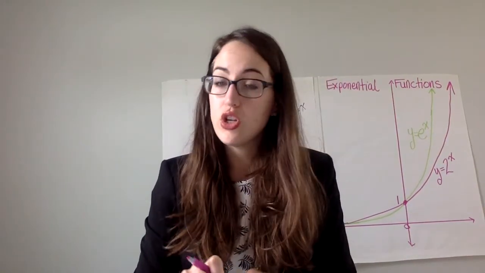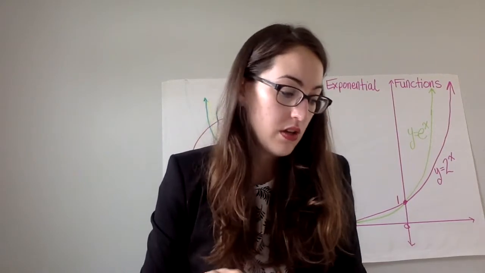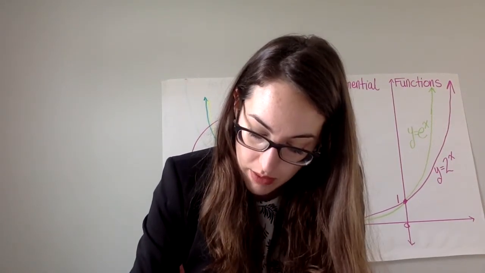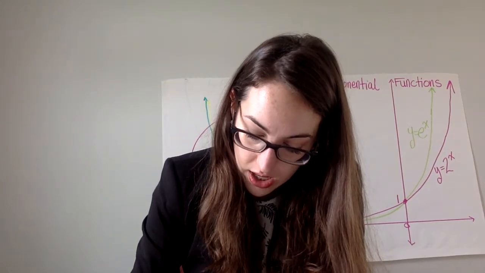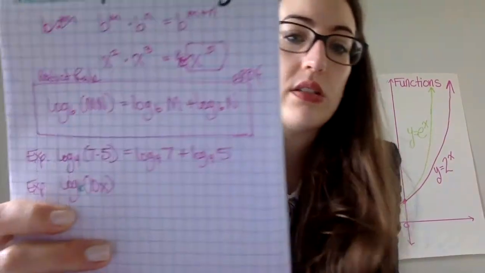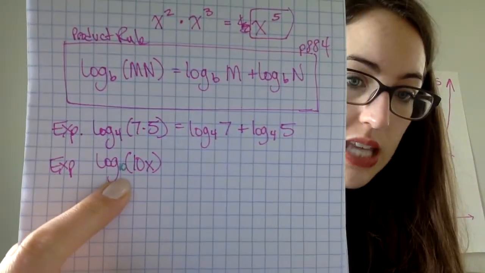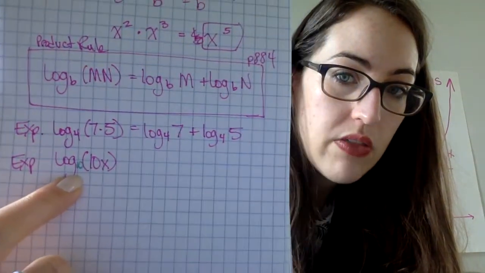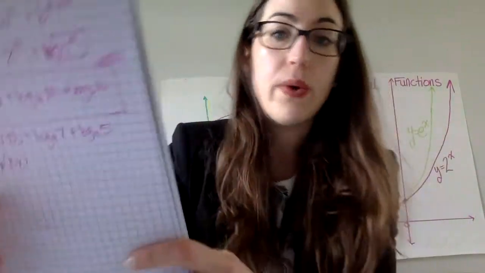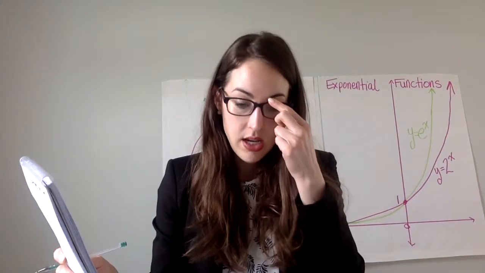And you will get problems like this, not just in my class, in future math classes. So if there is no number, you can go in, if it helps, and I'm going to use a different color because it wasn't really given to us. You can put in the little 10 there. So we know it's assumed that that is a 10 if there's nothing there, always. That is the common base.